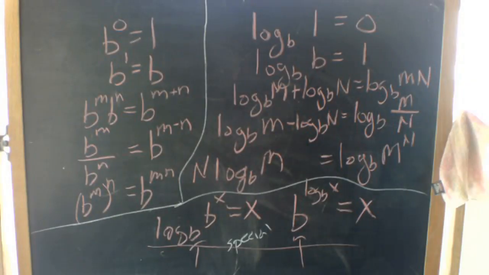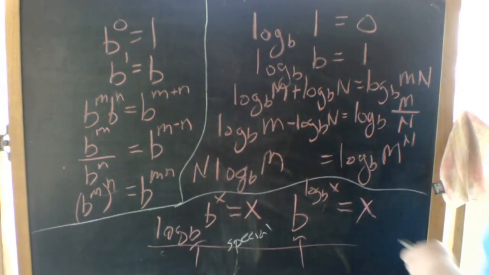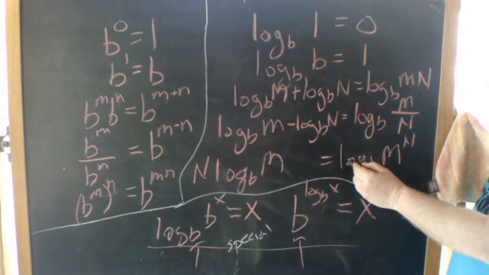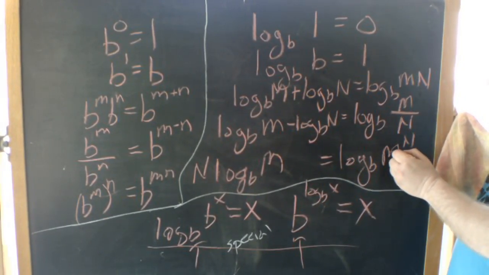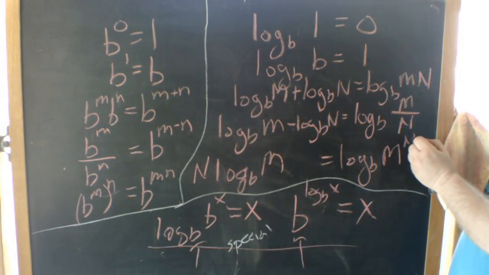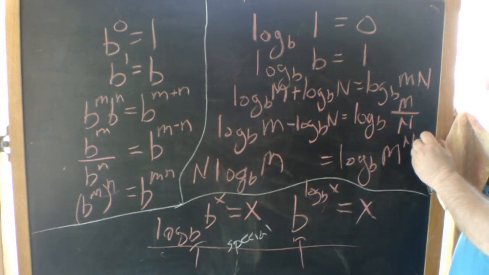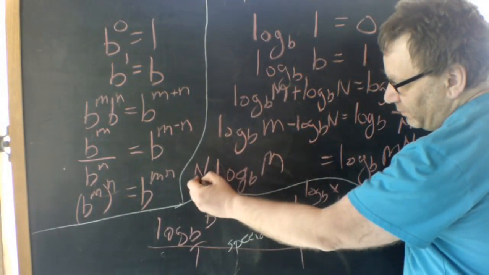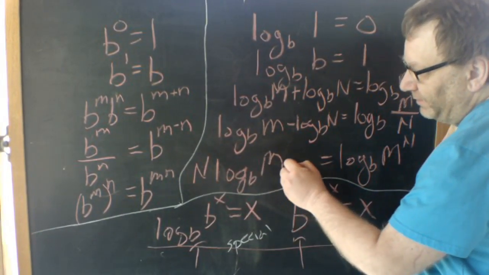The next property I want to explore is this power here. I have now made it so that I have a logarithm to a power, and that power was my variable y. Well, the other side of this equation says that that y can come out in front of my logarithm.